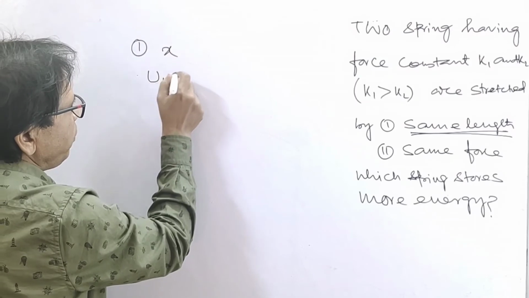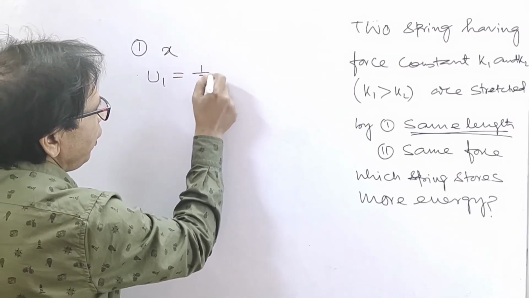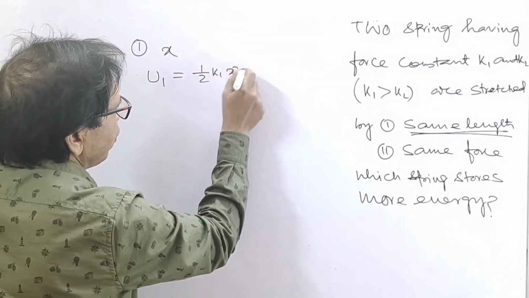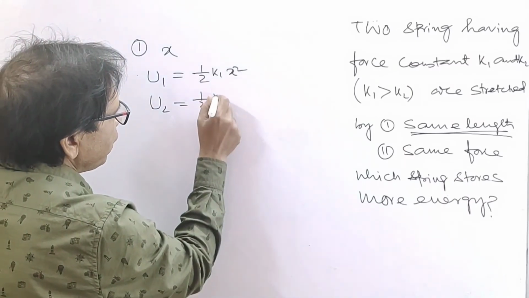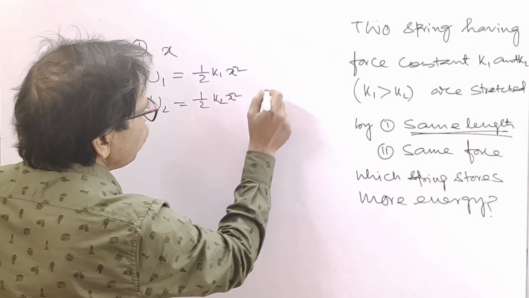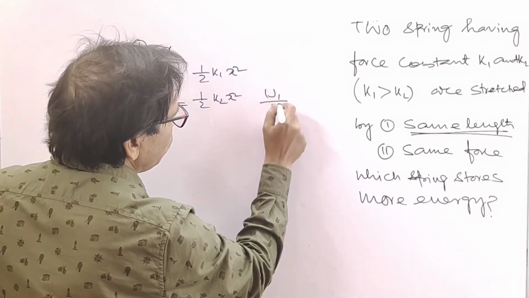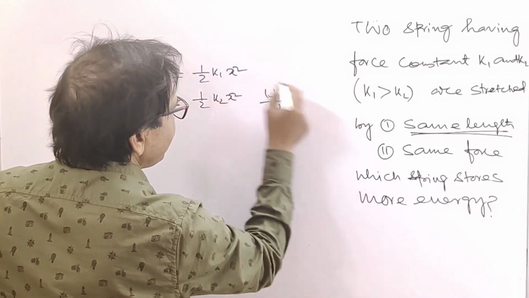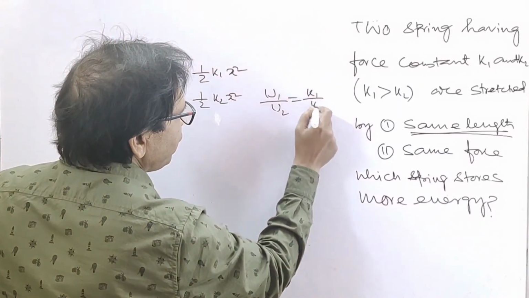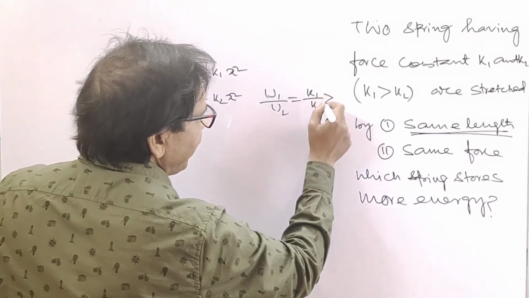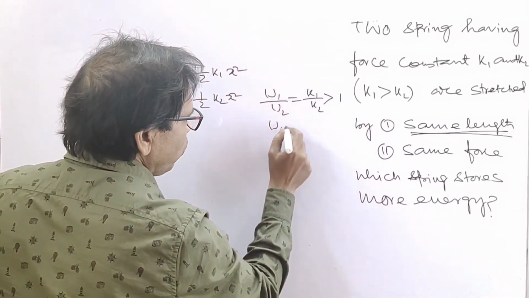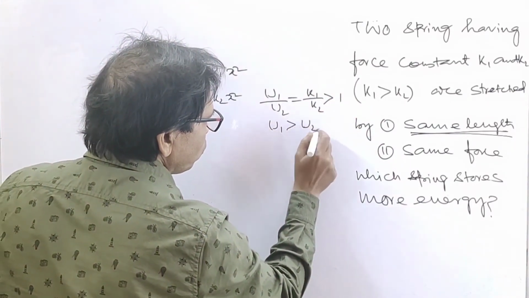Energy stored in first is half k1 x square. Energy stored in second is half k2 x square. So U1 by U2 is k1 by k2, which is greater than 1. Therefore U1 greater than U2.